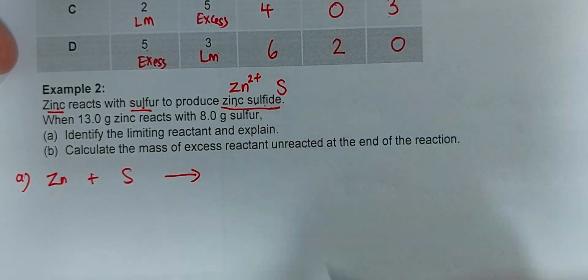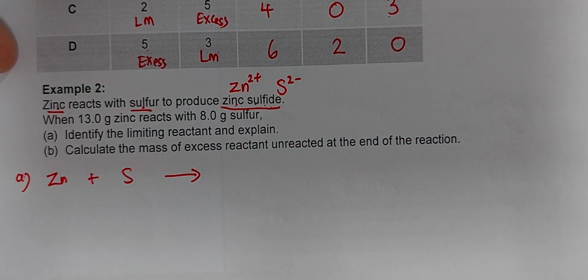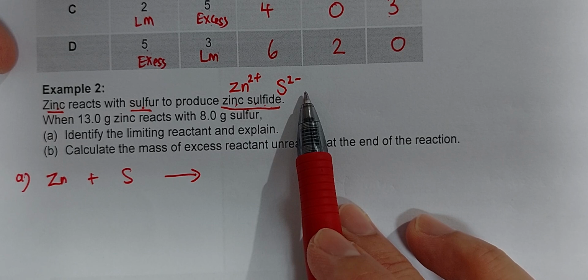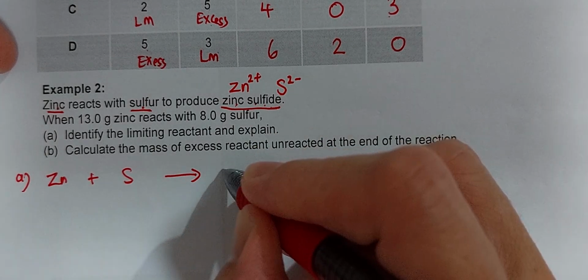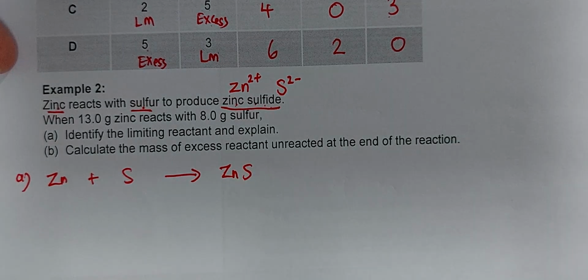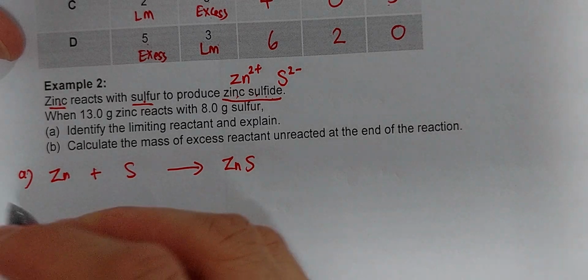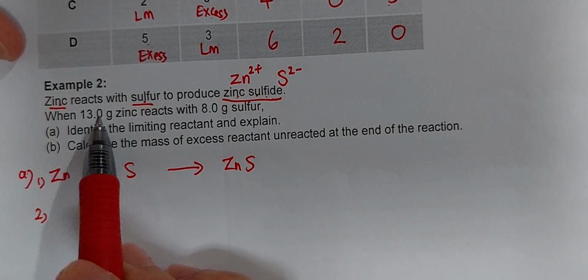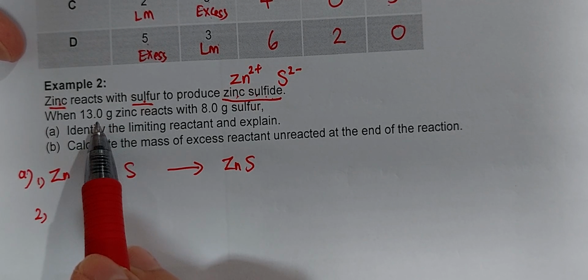Sulfide is from sulfur, group 16, which means there are 6 valence electrons, so it needs to gain 2 electrons, so S2-. So ZnS. This is zinc sulfide. This is the first step: write down the balanced chemical equation. Second step, write down the information above or below the chemical formulas.